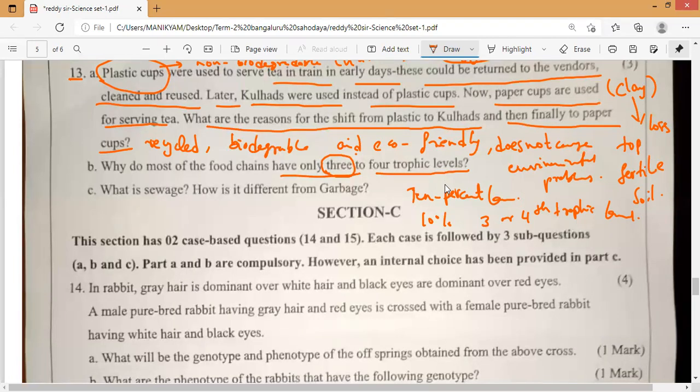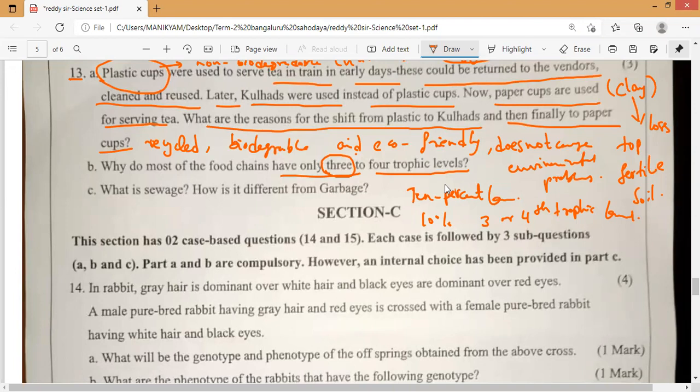After secondary consumers and tertiary consumers, it will end up, because according to the 10% law, only 10% of energy is transferred from one trophic level to the next trophic level. So there is not much energy left over for the organisms if energy flows through more than 4 or 5 trophic levels. Actually, we should say more than 3 or 4 trophic levels. So very rarely it will take place. Okay, have you understood, everyone?